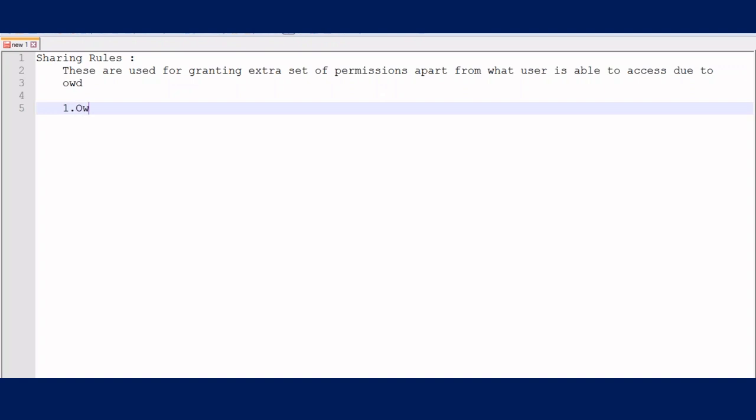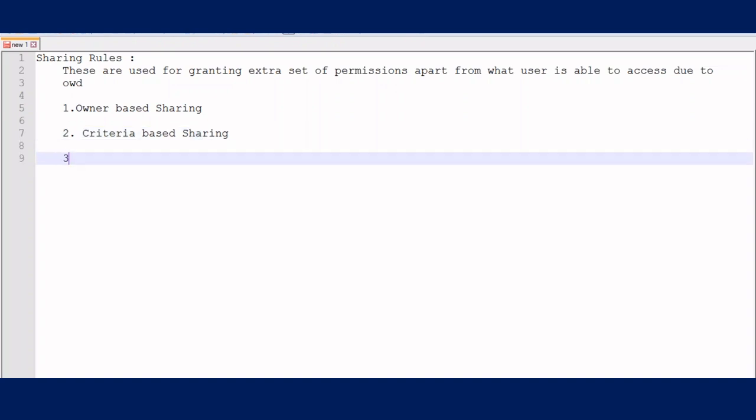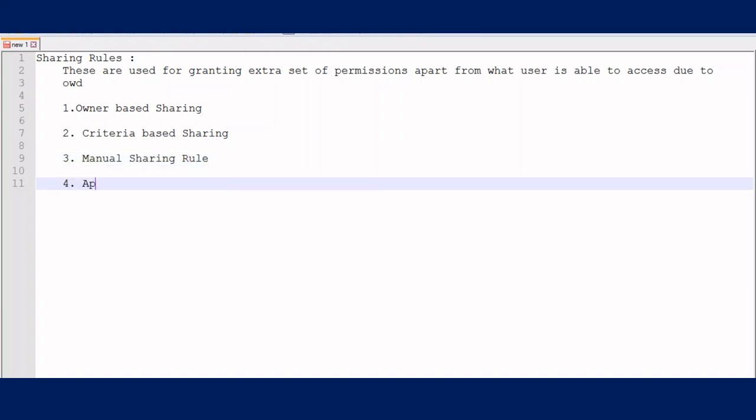Sharing rules are classified as owner-based sharing rule, criteria-based sharing rule, manual sharing rule, and Apex-based sharing rule.